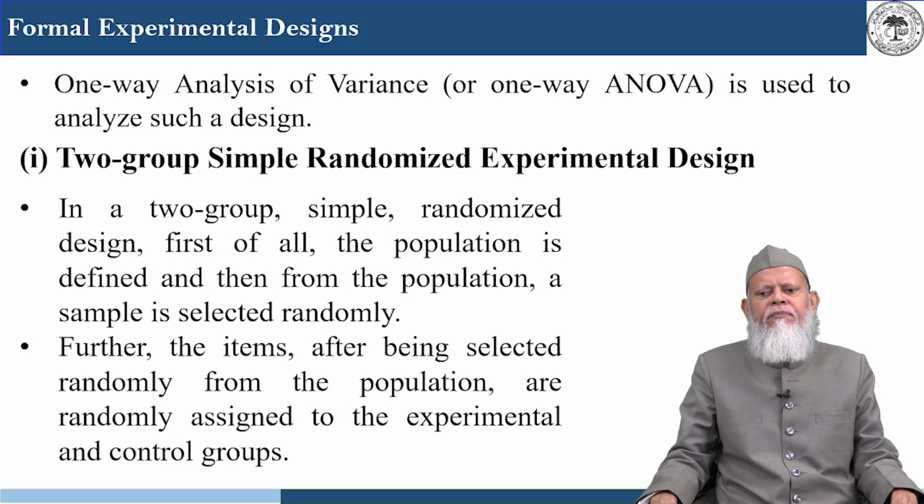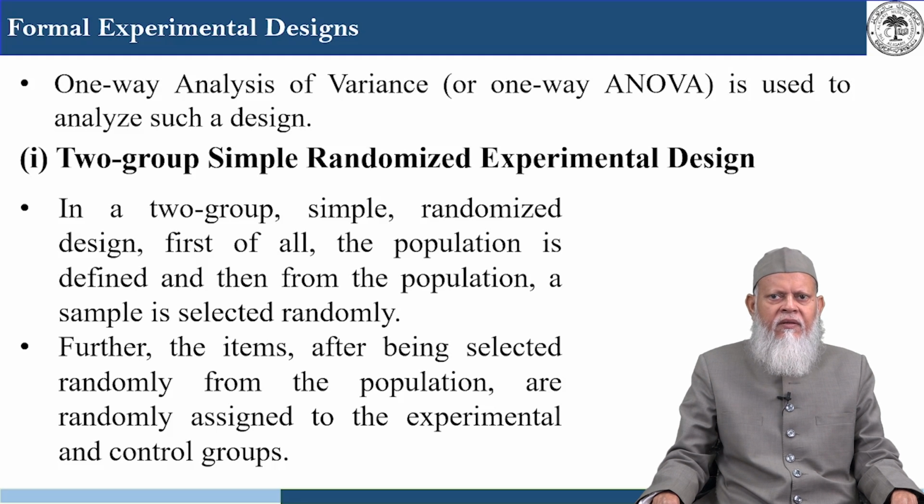In the two group simple randomized design, first of all, the population is defined, and then from the population, a sample is selected randomly. So, of course, for any research, the population has to be defined.